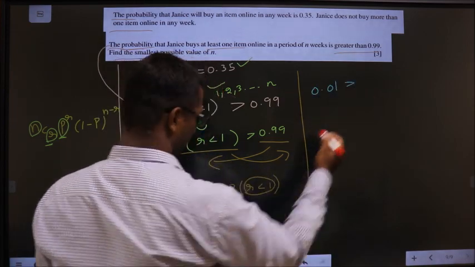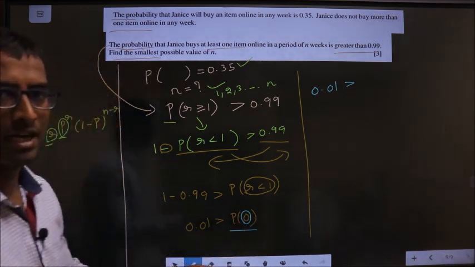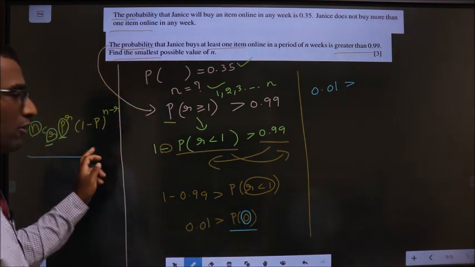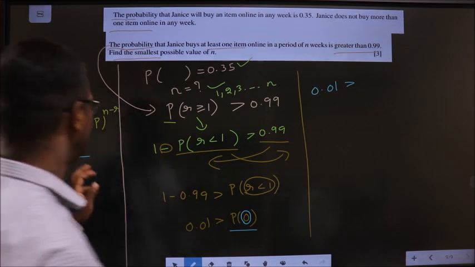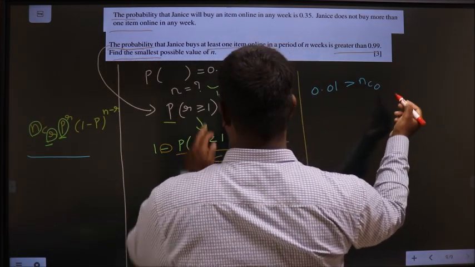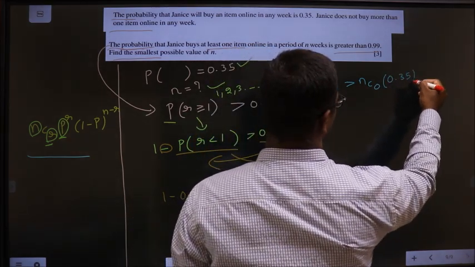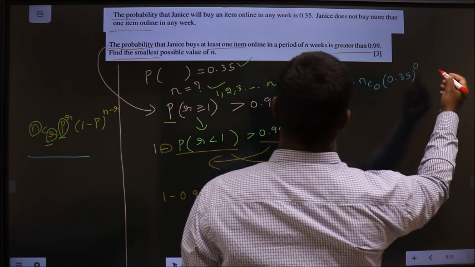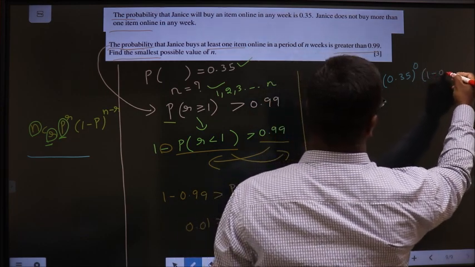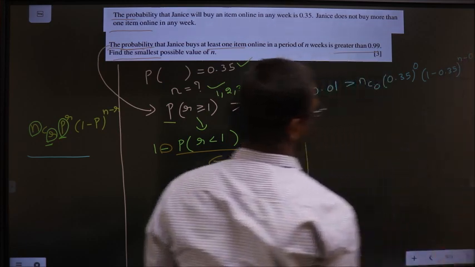Okay, now 0.01 greater than. Here r is 0, so replace r equal to 0 in the formula. So what do we get? nC0 and p is 0.35 power 0 into (1 minus p) power n minus r, so n minus 0.